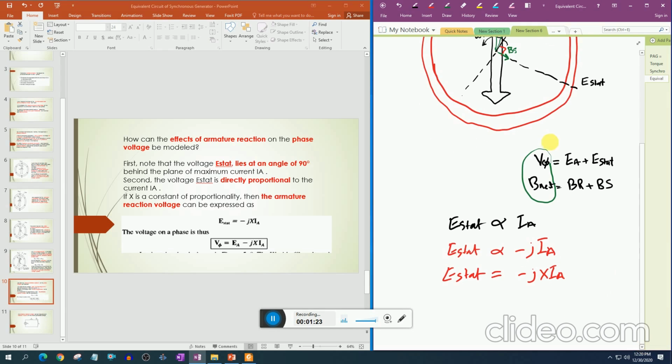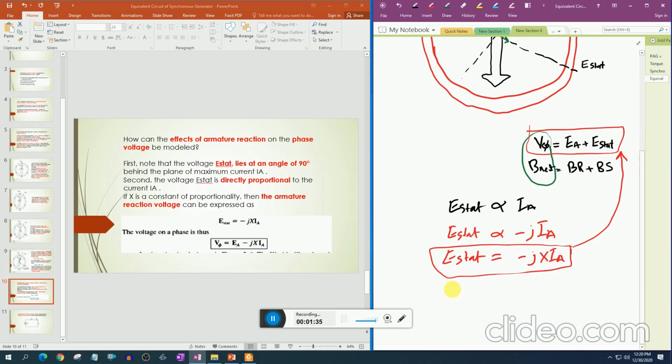And as from this, you know, V phase is equal to EA plus E stat. Putting this equation of E stat here, the result will be V phase is equal to EA minus jX IA. So the armature reaction is modeled mathematically.